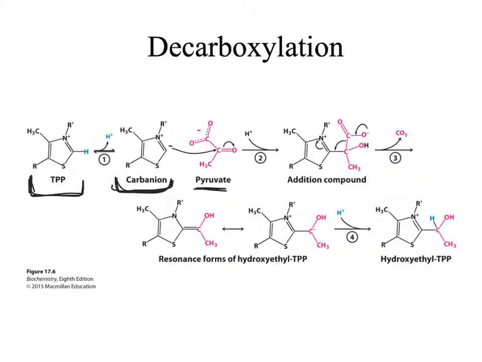This process is going to be followed by decarboxylation of pyruvate. The ring of the TPP will help stabilize the charge. The intermediate is then going to be protonated. So there's our protonation of that intermediate, and then our hydroxyethyl TPP is going to be formed.